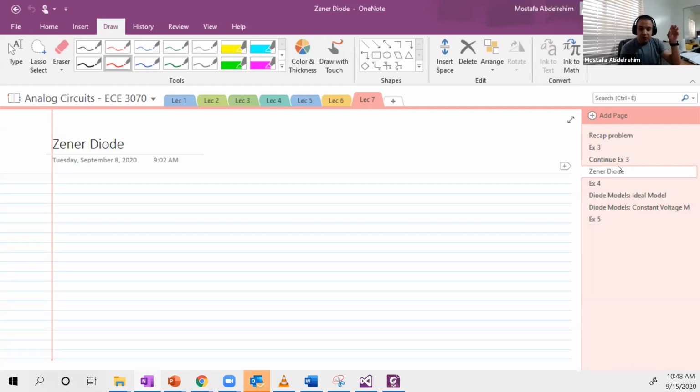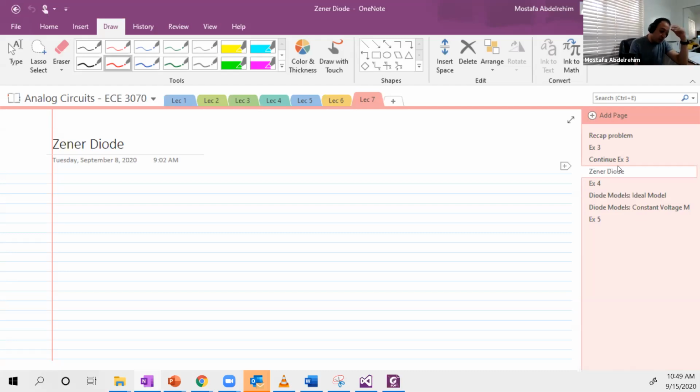But usually normal rectifying diodes are the diodes that I'm explaining right now and putting in examples. Rectifiers are one of the applications that we're going to see maybe next lecture, maybe next Monday, next Tuesday maximum.